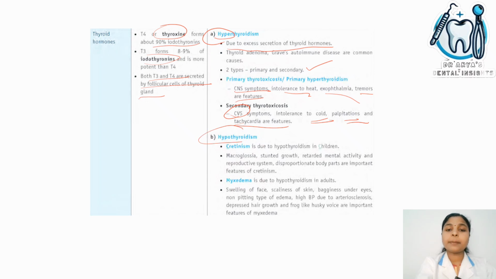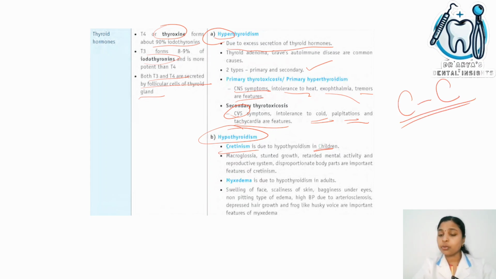Then coming to hypothyroidism, cretinism is due to hypothyroidism in children. So this is one mnemonic. Macroglossia, stunted growth, retarded mental activity and reproductive system, and disproportionate body parts are important features of cretinism.